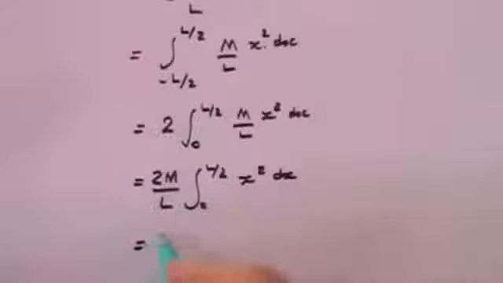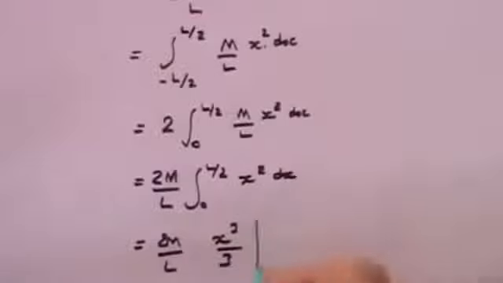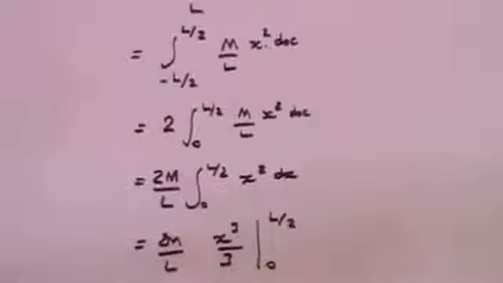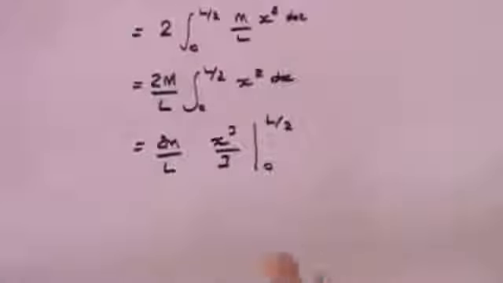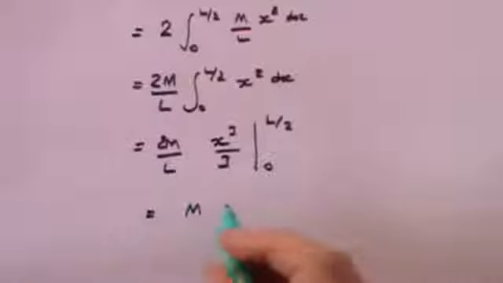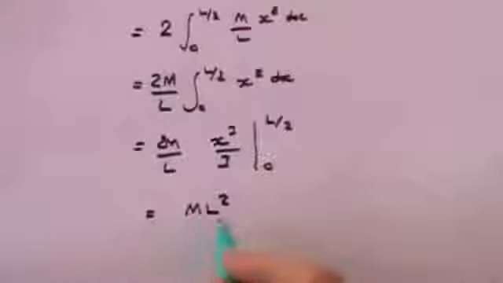And that's equal to 2m over L times the integral of x squared, which is x cubed over 3, evaluated between 0 and L over 2. And if you calculate that and work it out, you will get that the moment of inertia is mL squared divided by 12.